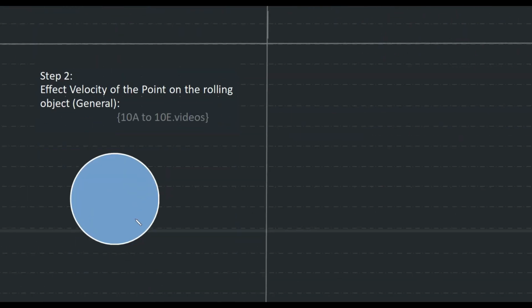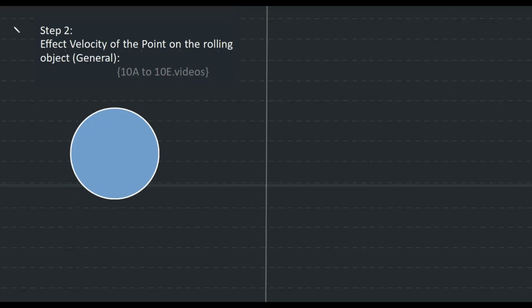So with this as our fundamental grip on center of mass and its movement and the velocity and stuff, let's move on to the effective velocity of a point in general in a given rolling object. So let me put a ground first. So that's our ground. The object is moving on this. Okay. And this is where the point of contact is on the ground, and let me draw a vertical line.